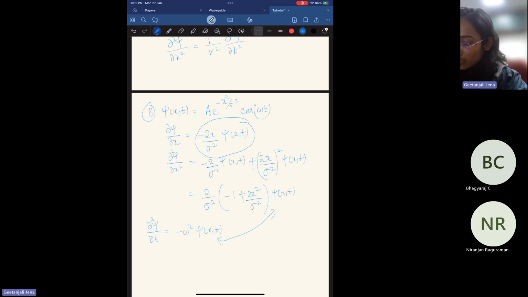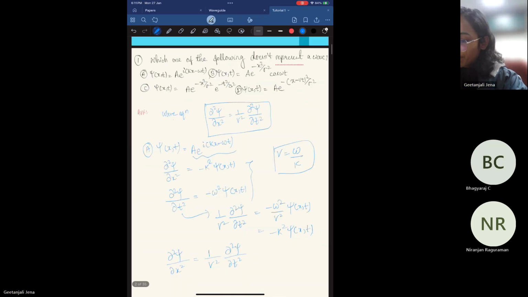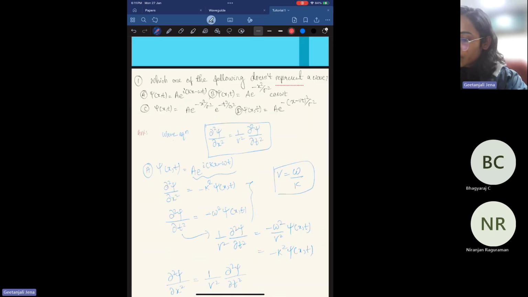So this is dou square psi by dou t square. So this indicates dou square psi by dou x square is not equal to 1 by v square dou square psi by dou t square. So it doesn't represent a wave, B part. So that means this is not a wave equation.